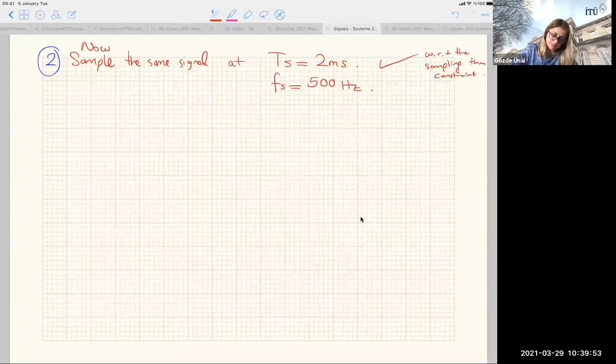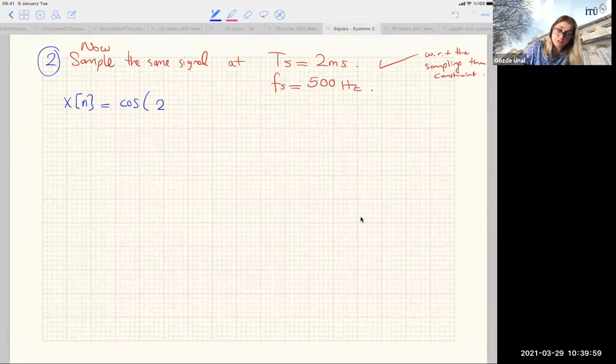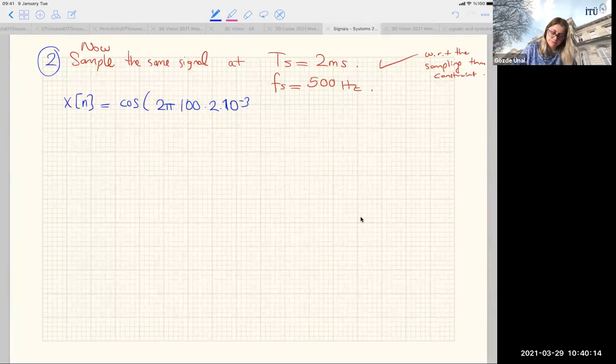I have my new discrete time signal, and you see it is different. It's cosine 2 pi, because the way we sample a continuous time signal, things change, right? We're taking samples from different parts of the signal. Here, I just inserted omega 0 hat, by the way, guys.